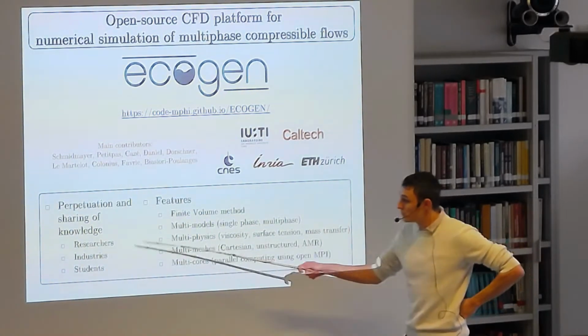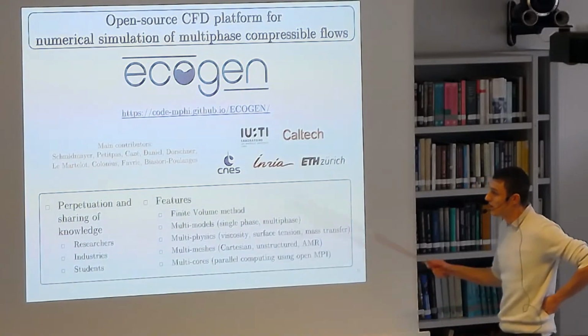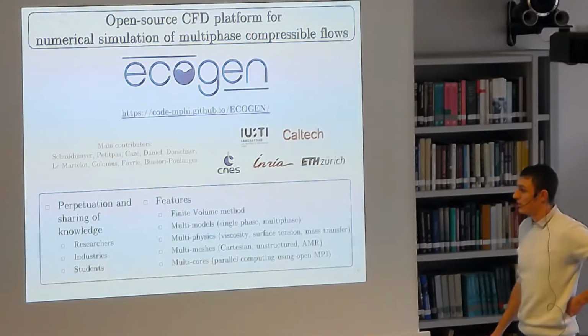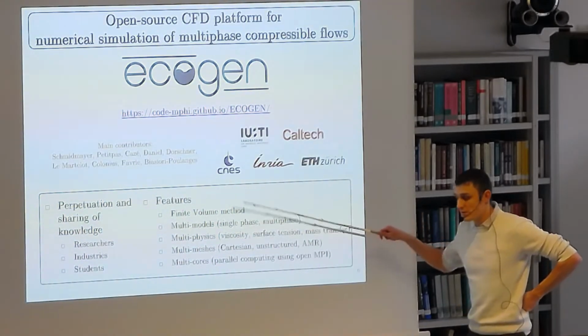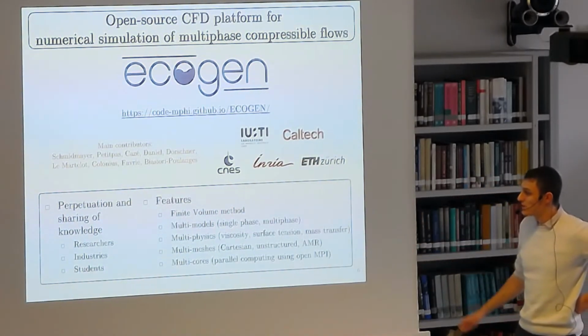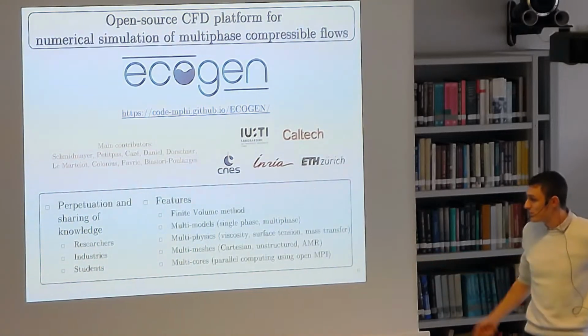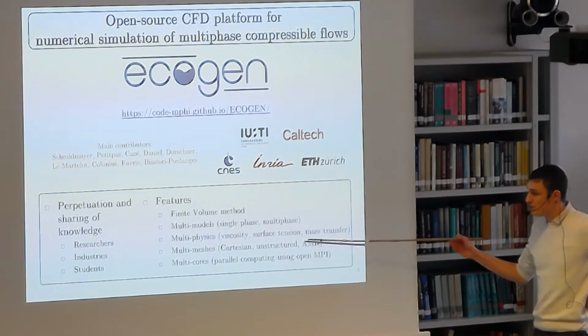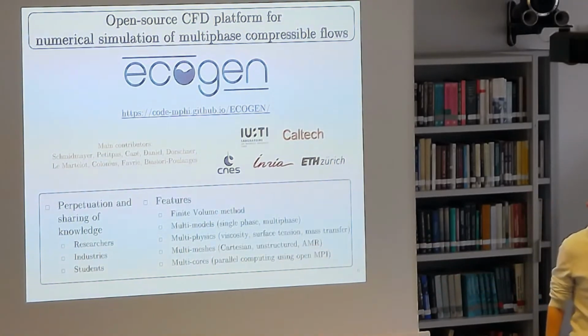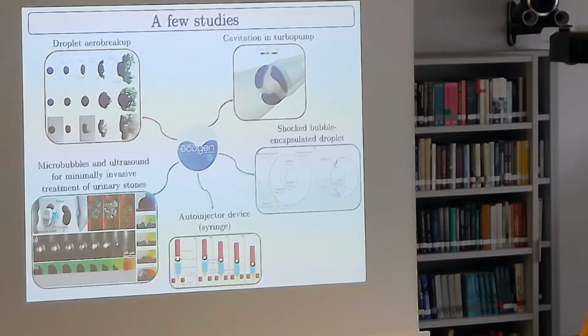So we wanted to have this spirit initially, and then collaborations came along. This is based on the finite volume method. We have different models and physics, such as viscosity, surface tension, mass transfer, different types of meshes, and obviously it's parallel. And what about the applications?